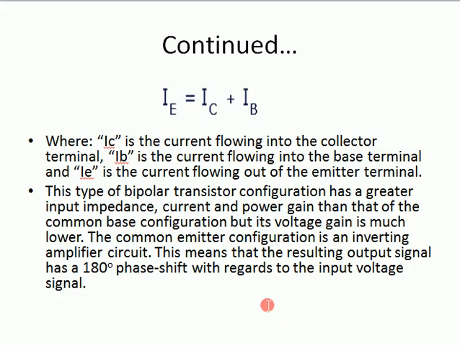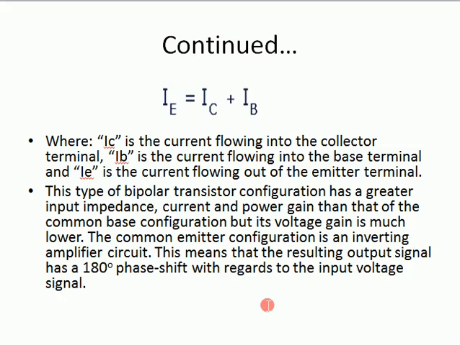The common emitter configuration is an inverting amplifier circuit. It means that at the input side, whichever polarity of the cycle we are having, at the output side we will have the reverse of it. So such a type is known as the inverting amplifier circuit, or in other words you may say that there is a phase shift of 180 degrees.